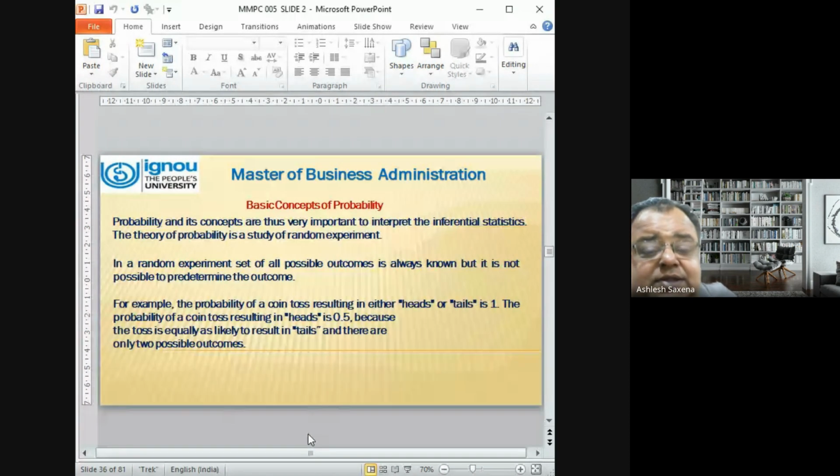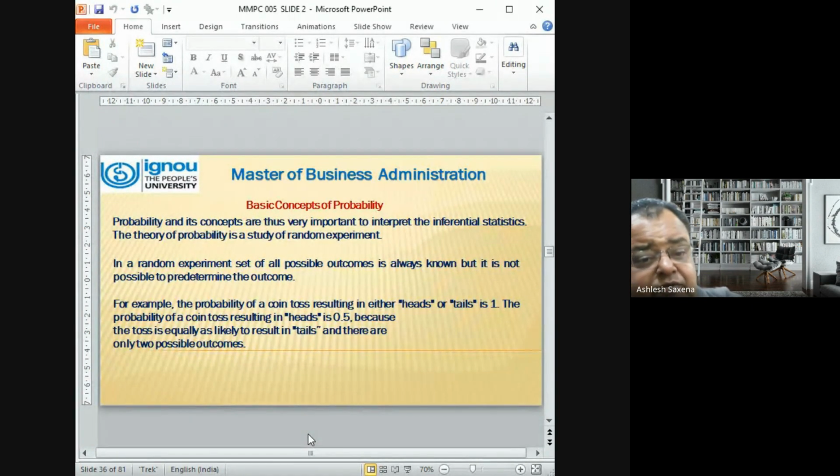What are the basic concepts of probability? Probability and its concepts are very important to interpret inferential statistics. The theory of probability is a study of random experiments. In a random experiment, the set of all possible outcomes is always known, but it is not possible to predetermine the outcome. For example, the probability of a coin toss resulting in either head or tail is 1.